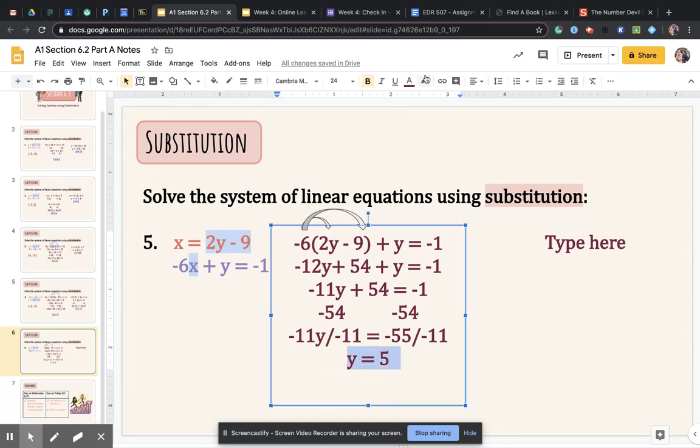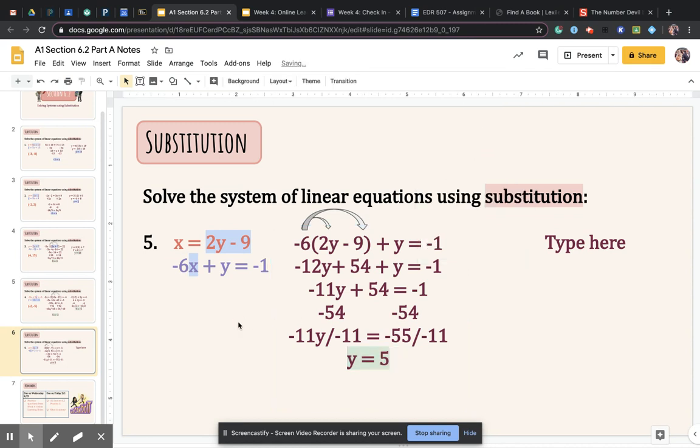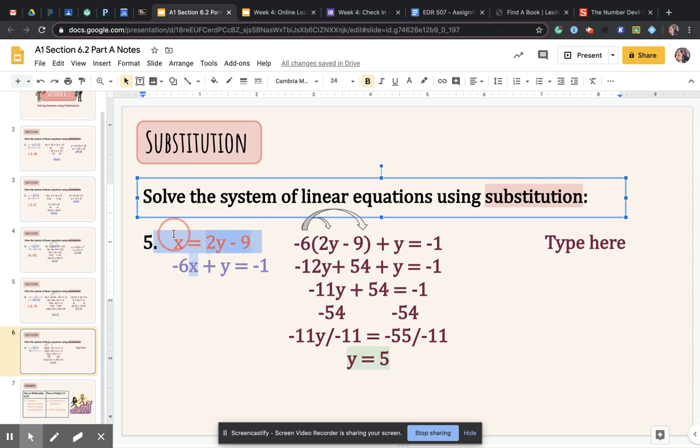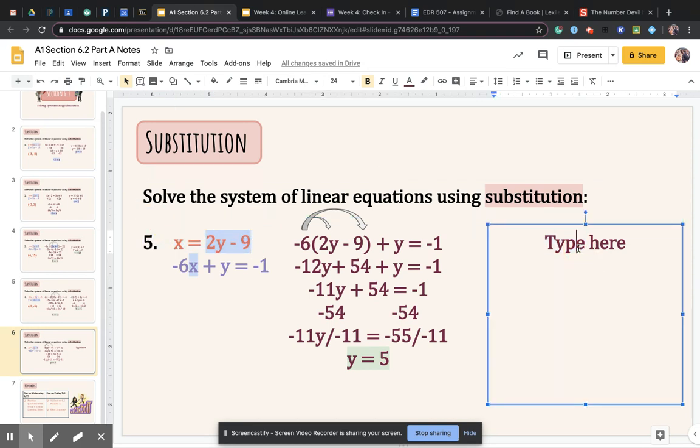And then same exact process as before, except now we're going to solve for x, and I'm going to use this top equation to do that. So x is going to equal 2 times my y value, which is 5, minus 9. And again, 2 times 5 is 10, minus 9.